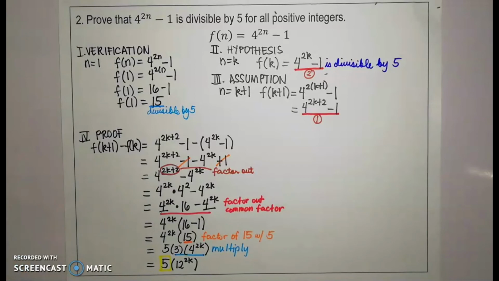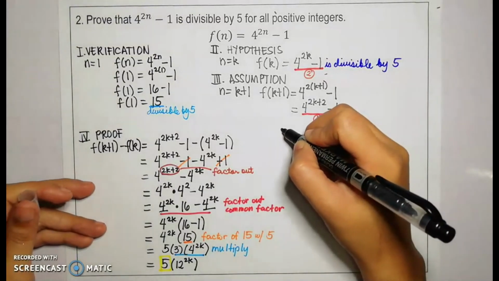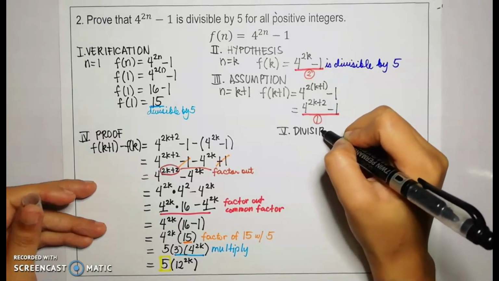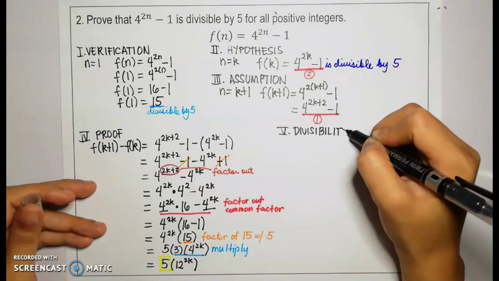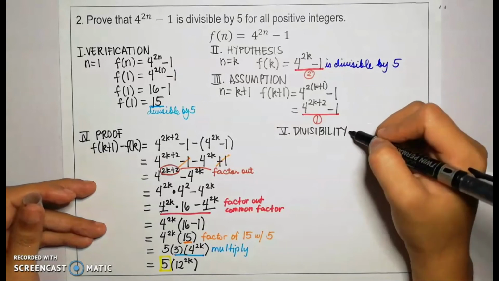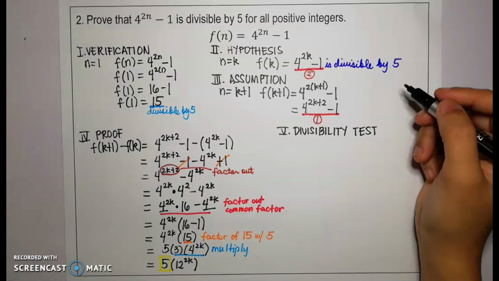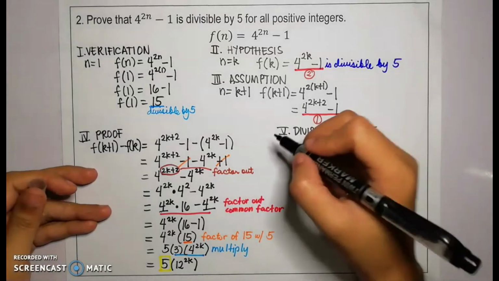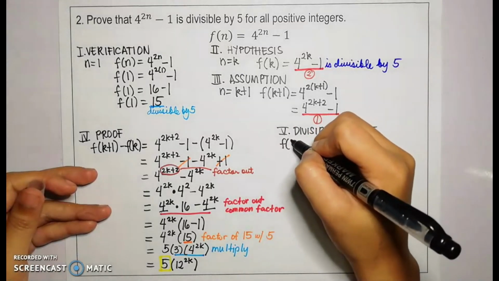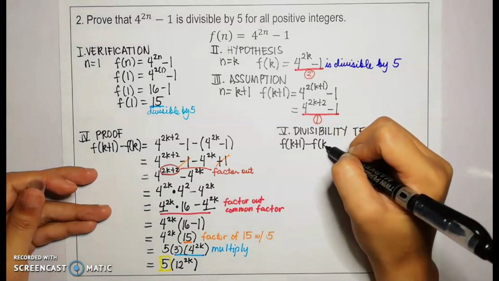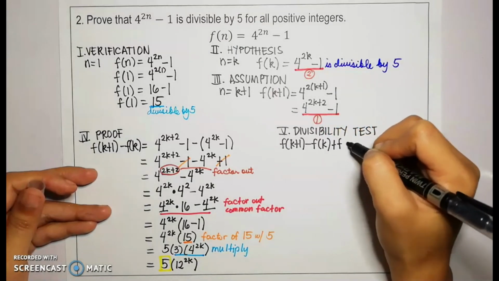So our next step is the divisibility test. For this divisibility test, we need to use the values we get from f of k plus 1 minus f of k and balance it out by adding f of k to both sides of the equation.